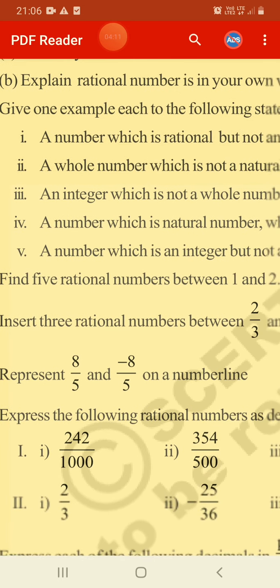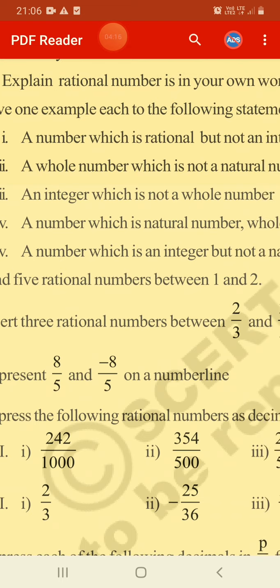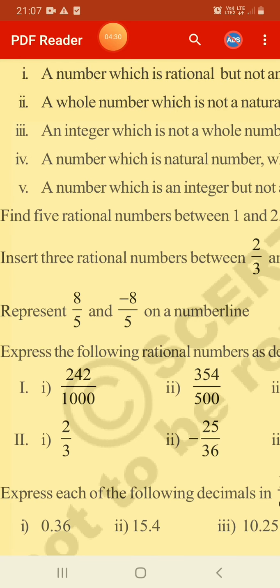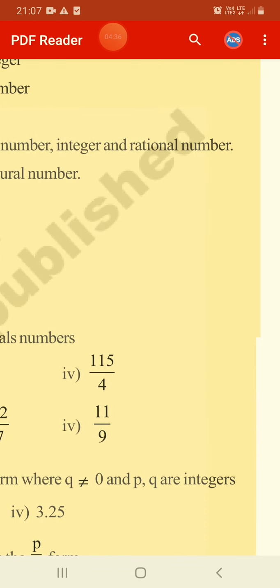Next, third one, an integer which is not a whole number. We can give the example of minus 3 or minus 2 or minus 1. It is an integer but not a whole number. Next bit, fourth one, a number which is natural number, whole number, integer and rational number.